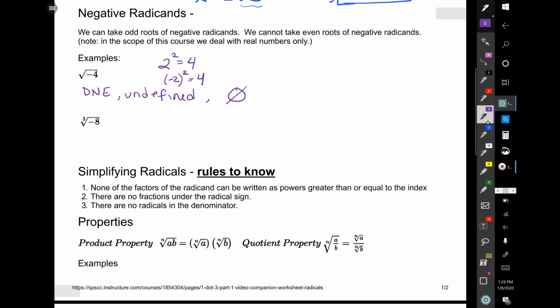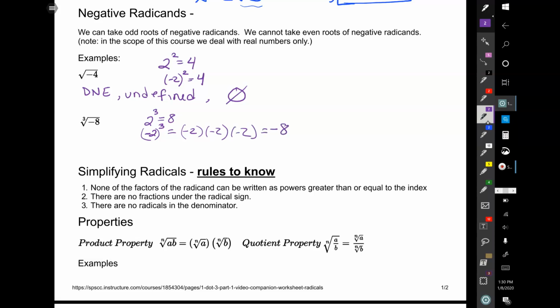However, in the next example underneath, we have the cube root of -8. So that one, I can think, well, 2 cubed is going to give me 8. So 2 times 2 times 2 would give me a +8. But if I had -2, even in parentheses, cubed, that would be -2 times -2 times -2, resulting in -8.